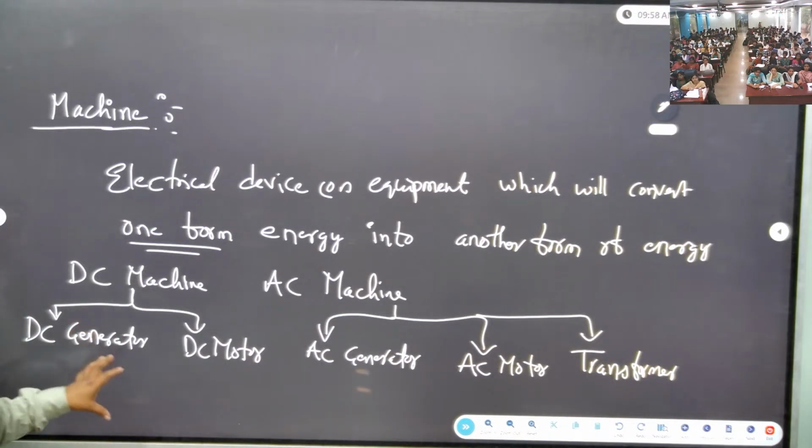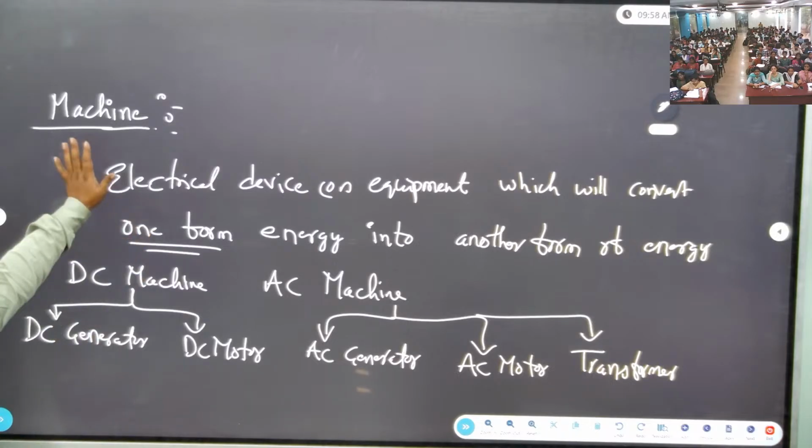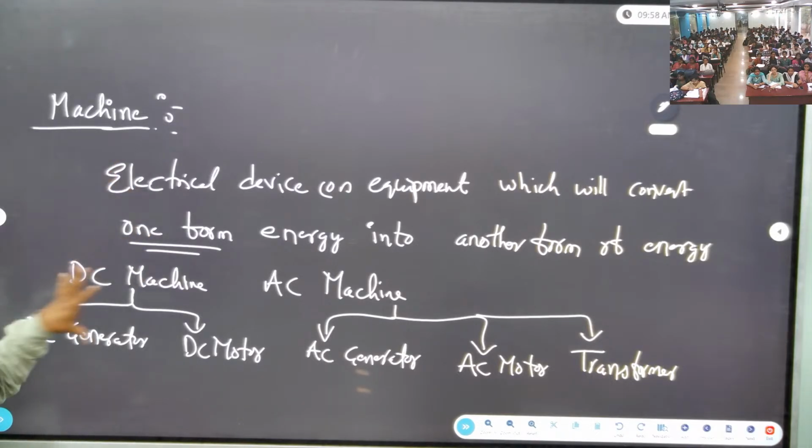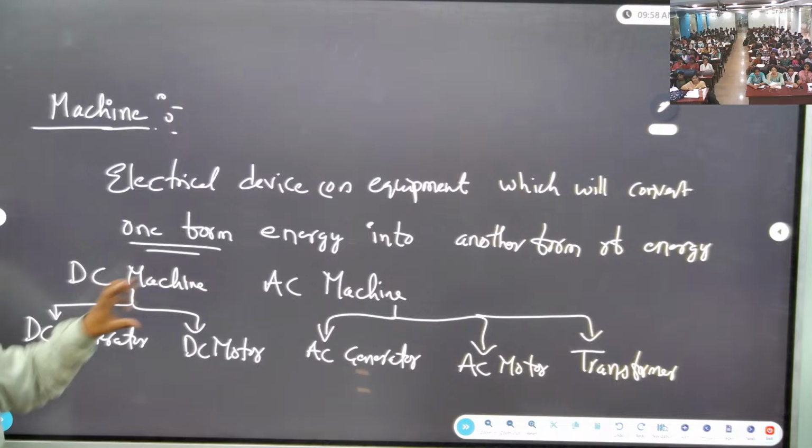So what is meant by DC generator now? Generally, machines are divided into DC machine and AC machine, and in DC machine we have DC generator and DC motor. Machine means it has to convert one form of energy into another form of energy.